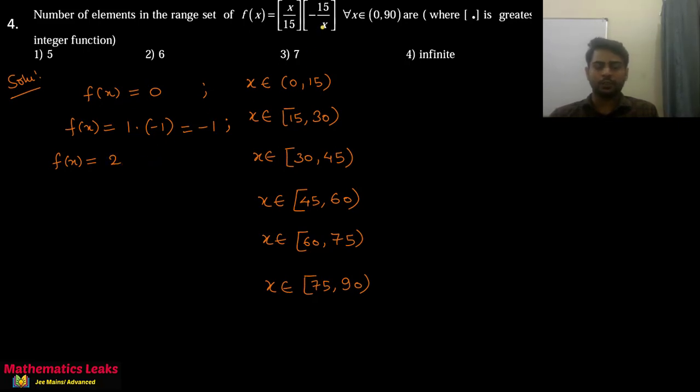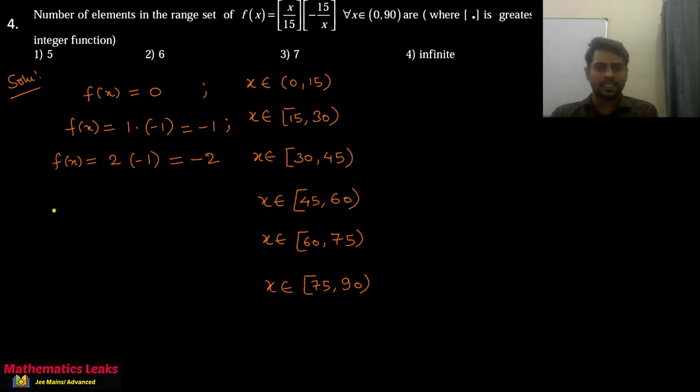And for the second quantity, at 30, -15/30 is a negative fraction, so it will be -1. In the closed interval 30 to 45 completely, the denominator is greater than the numerator, so it is a negative fraction, and its greatest integer will be -1. So the output will be -2.